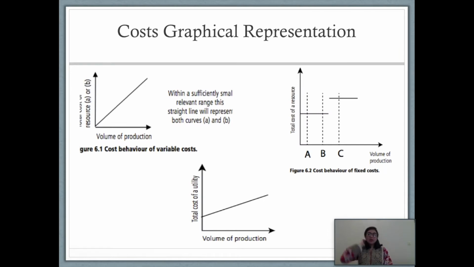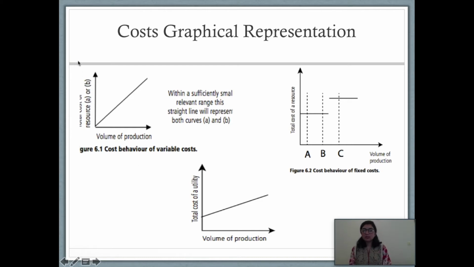Alright, now we've understood all the terminologies, but can we show them in a graphical representation? Now this is also a key area in management accounting, where you need to understand how the graphs of all these terminologies can be drawn, right? So let's start with variable cost.